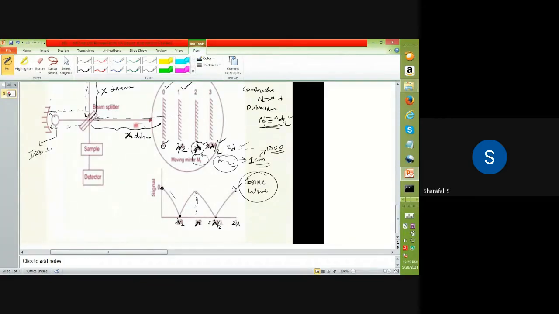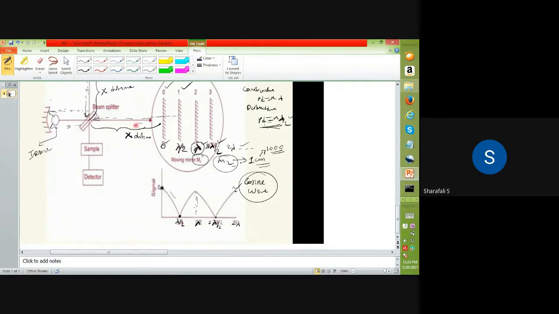It will cover that distance each time, and correspondingly the path difference will also be in terms of lambda by 2. So we'll be getting some interference of the radiation coming in this range.